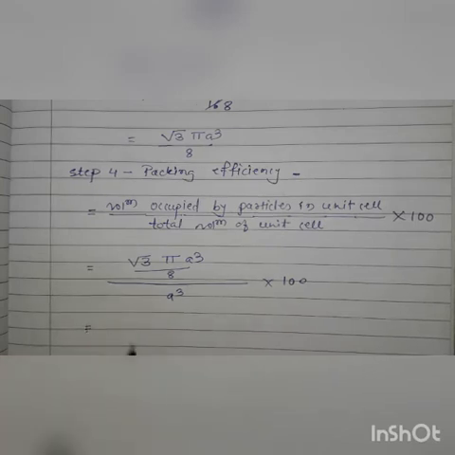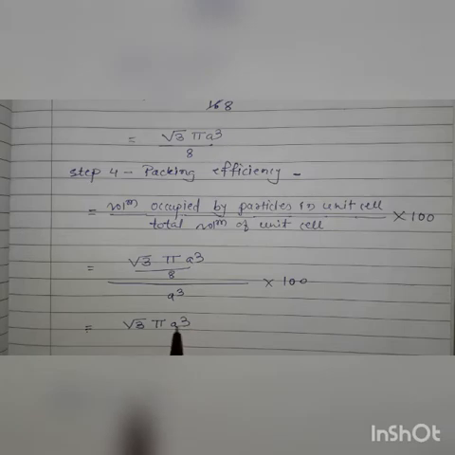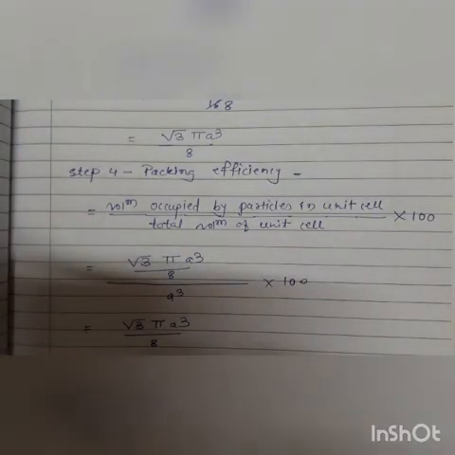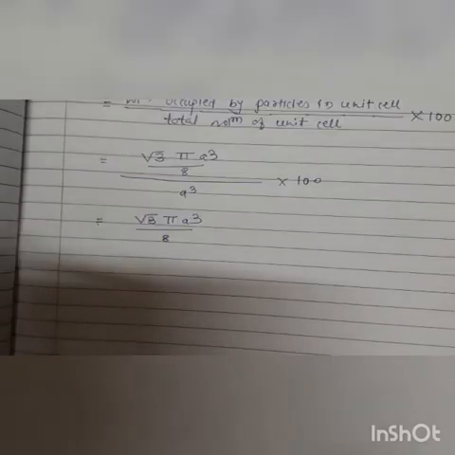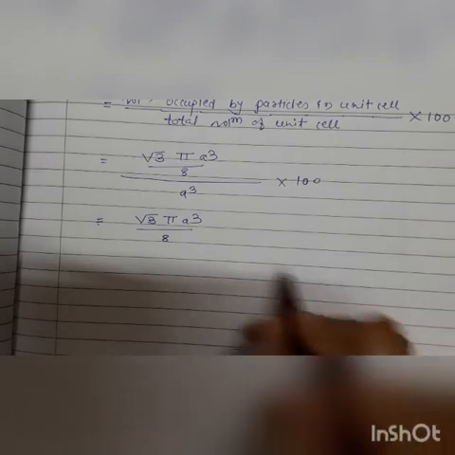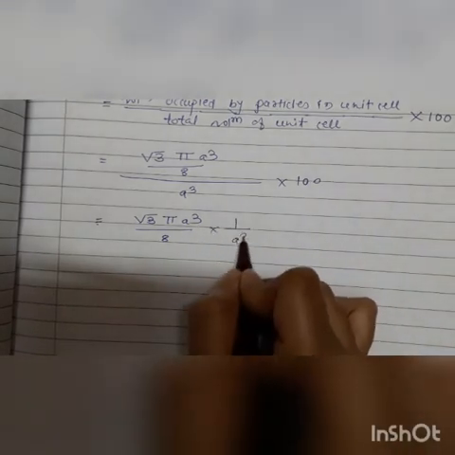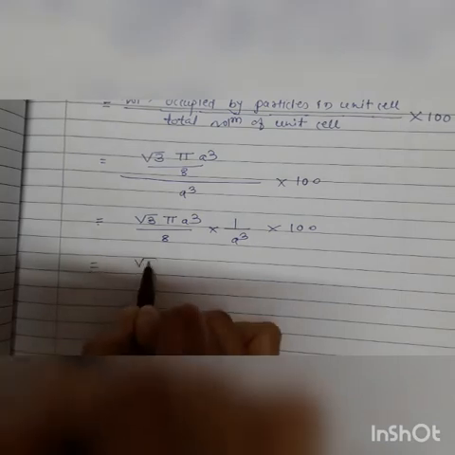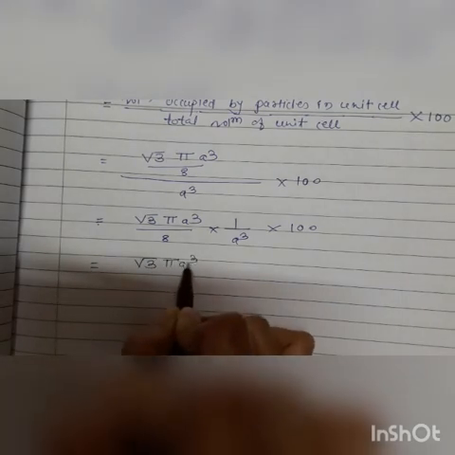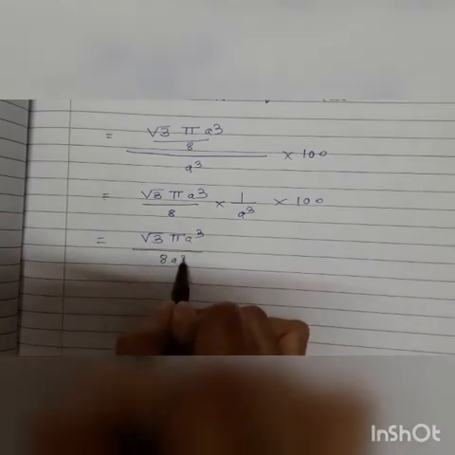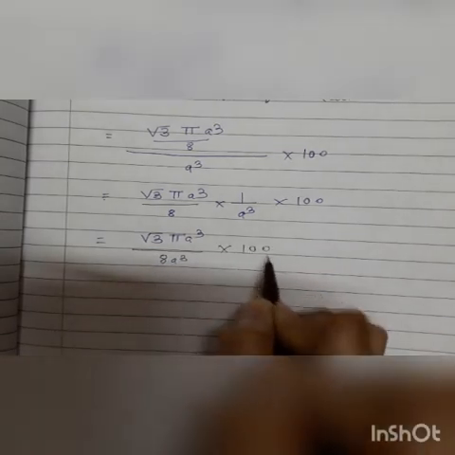Let us solve this. Root 3 pi a cube upon 8, and this a cube we have to take reciprocal of, so it will become 1 upon a cube multiplied by 100. So root 3 pi a cube divided by 8 a cube multiplied by 100.